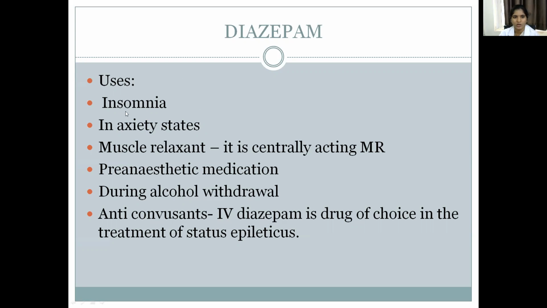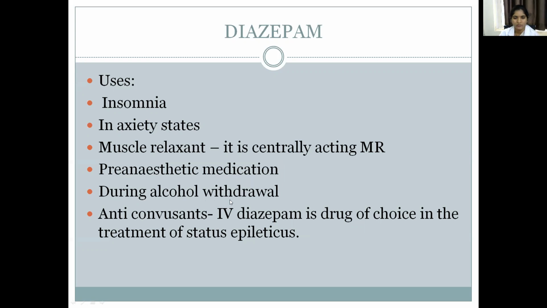Diazepam uses, what are those? Insomnia, anxiety, muscle relaxant, and pre-anesthetic medication, because it reduces anxiety. It is used as a pre-anesthetic medication before going to surgery because it reduces the anxiety.